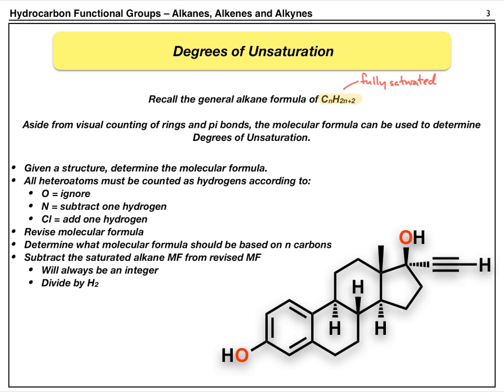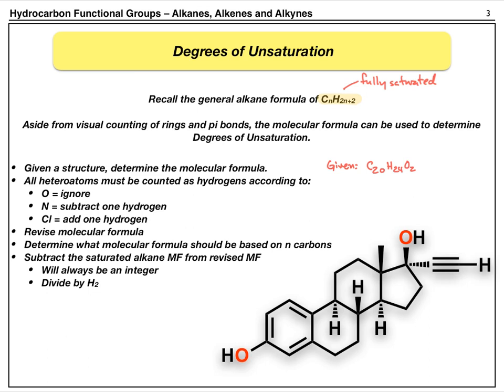From the prior slide, we found that ethynyl estradiol has a molecular formula of C20H24O2. So again, aside from visual counting of rings and pi bonds, the molecular formula can be used to determine the degrees of unsaturation. So let's go through this algorithm here.